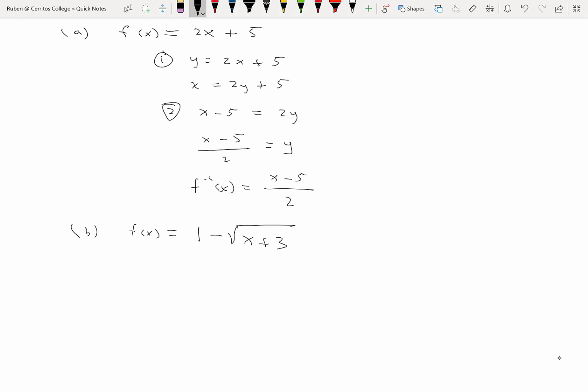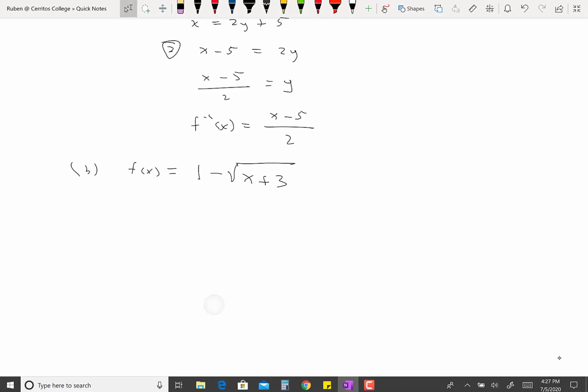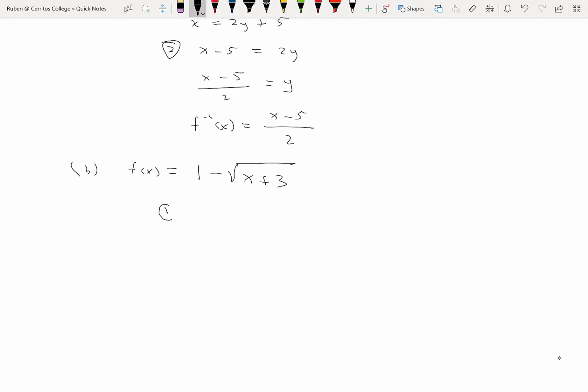Okay. Well, if we proceed as in the last part of this example, switch x and y and solve for y, we almost get there. So let's switch x and y. And now let's solve for y. This isn't too bad.